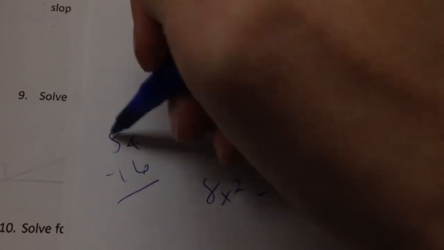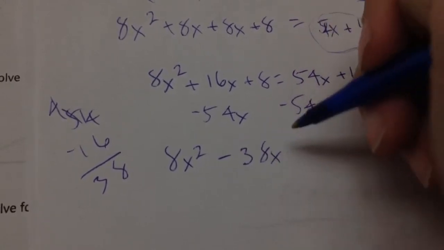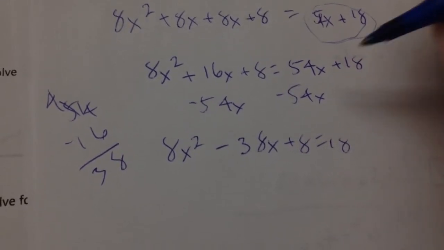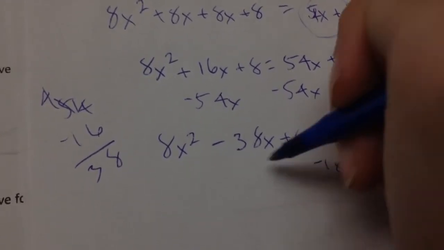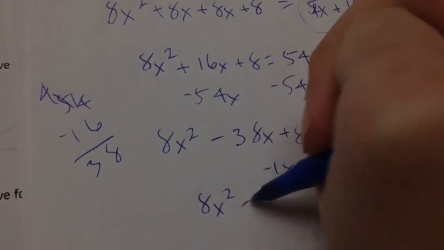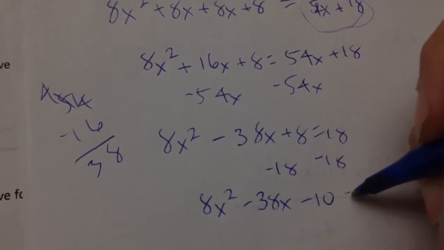Left with 8x squared minus, I'll do that off to the side, minus 16, it would be 38. And then plus 8 is equal to 18, and now I'm going to subtract the 18 from both sides, and I'm left with 8x squared minus 38x minus 10 is equal to 0.